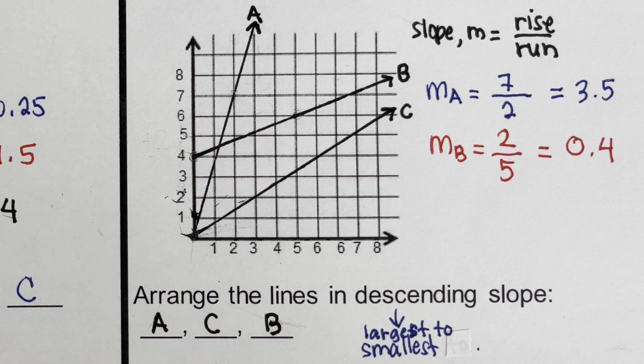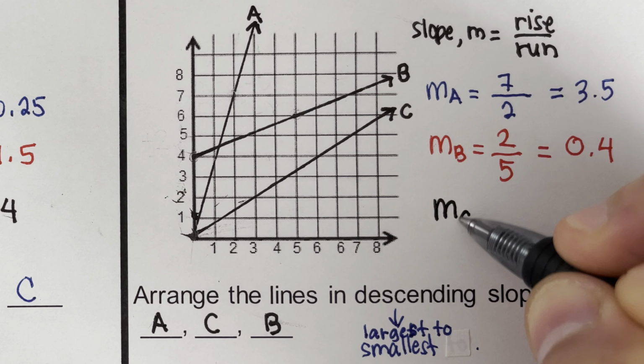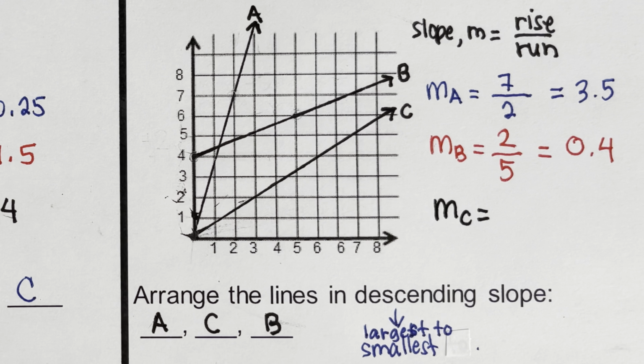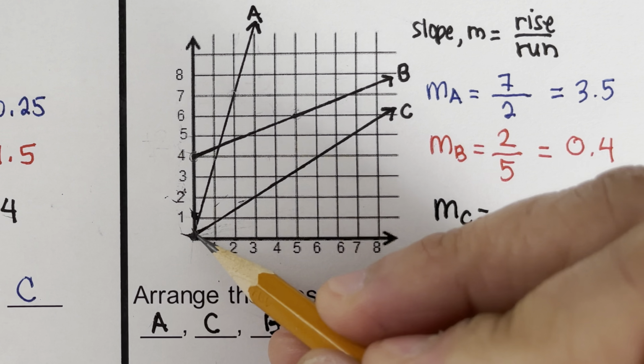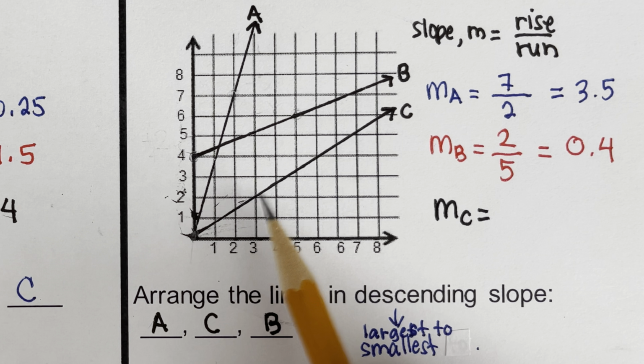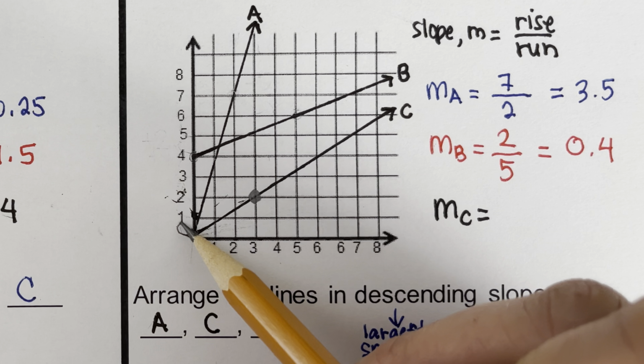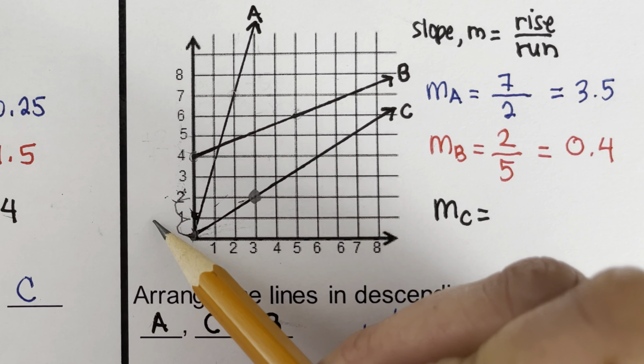Okay, let's determine the slope of line C. I'm going to label this as M sub C. That means the slope of line C. It's pretty much the same thing. We start from the point of origin. That's our first lattice point. We trace the graph and it goes all the way right here. So this is the second lattice point. So we go up 1, 2. We rise 2.